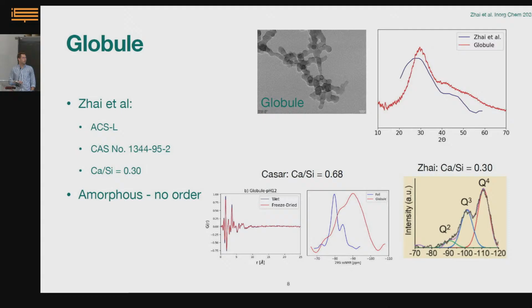It has a very similar XRD pattern, no peaks, very similar. The speciation shifts to Q4s, which is, I guess, because they don't have so much calcium, but at the end it just confirms to me that the globules are indeed a completely amorphous calcium silicate, probably not even hydrate, okay?